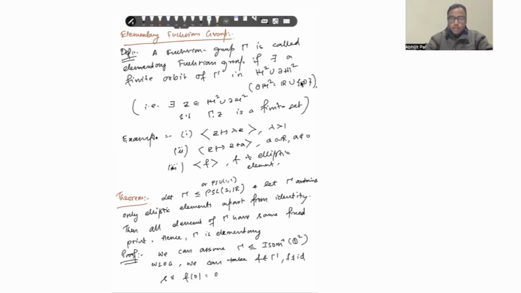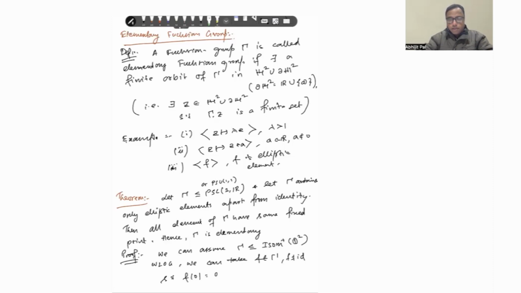So let us begin with the definition of an elementary Fuchsian group. Here I have defined it for the group PSL2R.